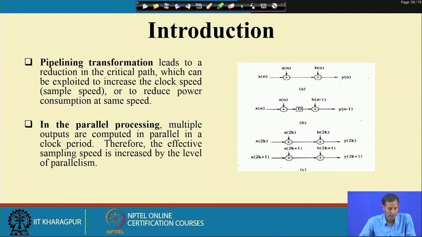In parallel processing, multiple outputs are computed in parallel in a clock period, therefore the effective sampling speed is increased by the level of parallelism. This is something we learned in our basic mathematics course. Suppose there is one work I have to do. If I can employ 5 workers to do that job, it takes, let us consider, 1 day of time.